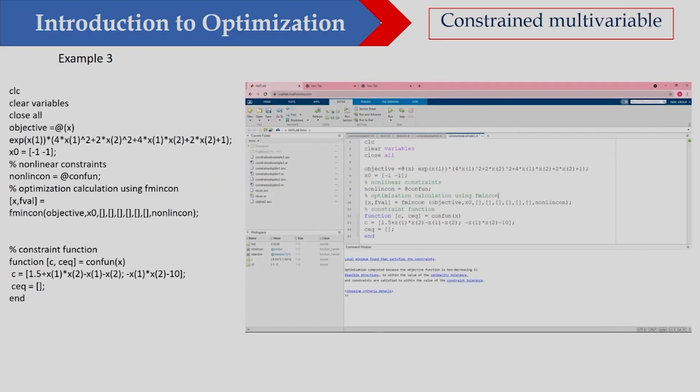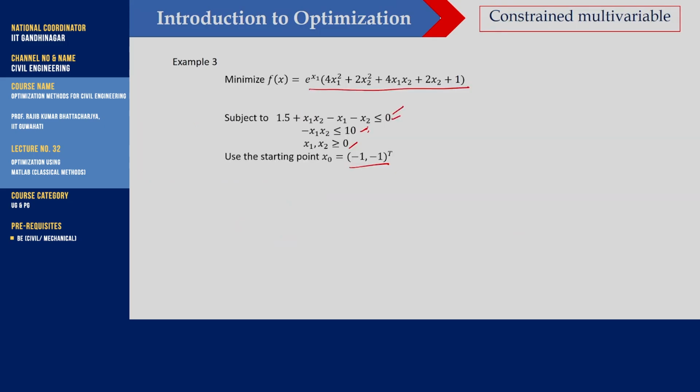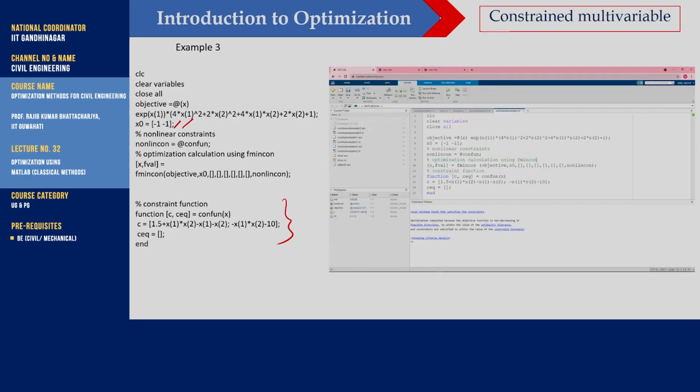So, I have written the code here. This is the objective function, then this is the initial point -1, -1, and I have defined here the constraint function. So, we have two constraints. This is an inequality type constraint and the second one is also an inequality type constraint.